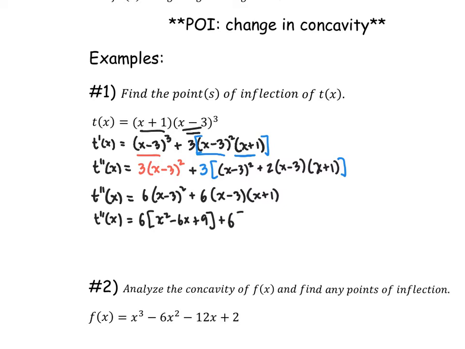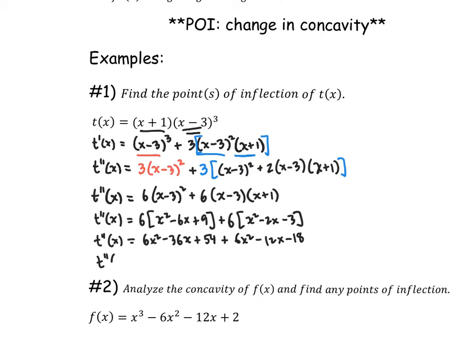Plus, this will be 6, foiling that out, x squared minus 2x minus 3. Now I'm going to combine some like terms in a moment here. Let's expand this a little further. That's 6x squared minus 36x plus 54, plus 6x squared minus 12x minus 18.